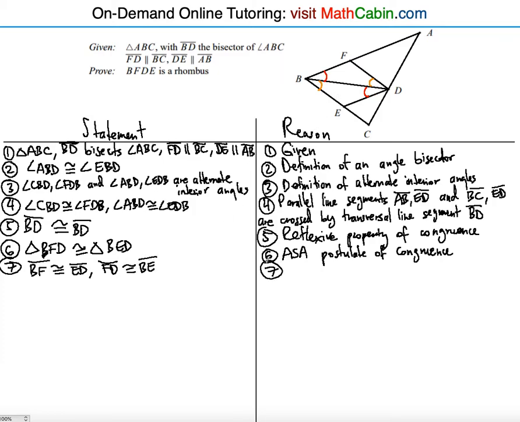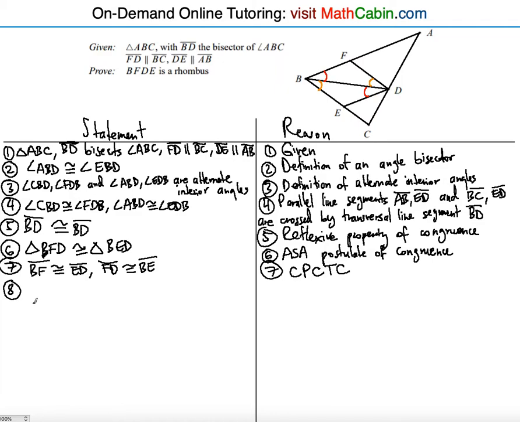And again, the reason for that is corresponding parts of congruent triangles are congruent, CPCTC, the short version of that sentence. Now the eighth statement, we would use the transitive property.